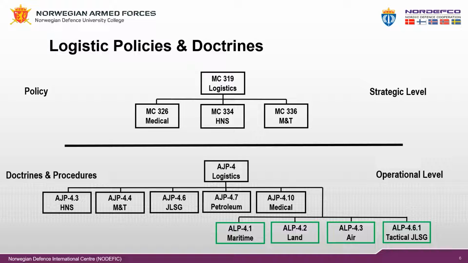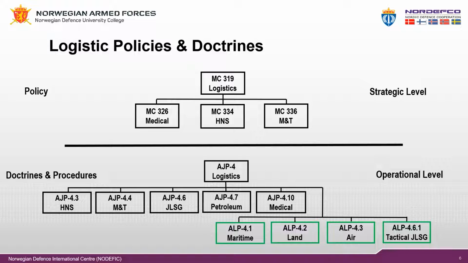The Allied Joint Publication group of documents consists of the main document, Allied Joint Publication 4, which is the overall doctrine for Allied logistics. During the update process of these logistic doctrines, some of them will change names before 2025. Allied Joint Publication 4, Logistics, will change name to Allied Joint Publication for Sustainment.